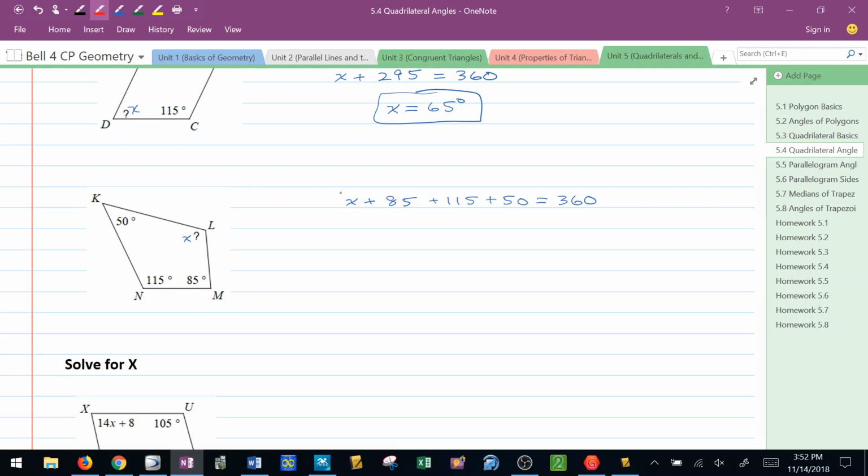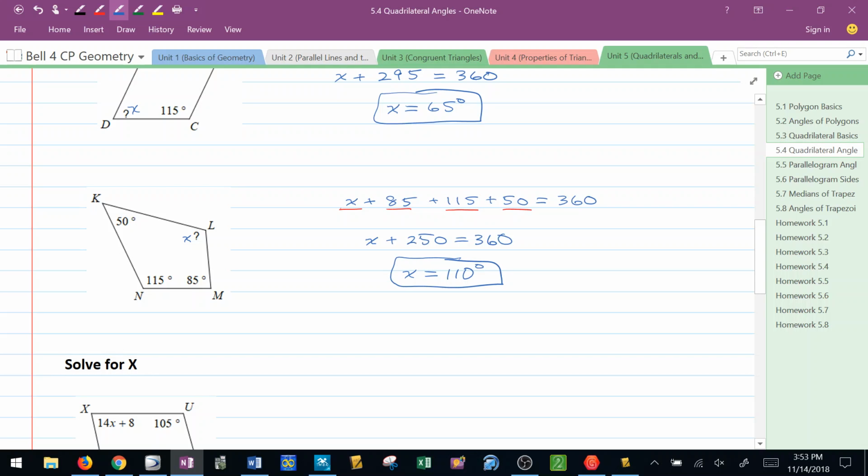Once again, the four angles of a quadrilateral have to add up to 360. So this gives me x plus 250 equals 360. Combine like terms. Subtract 250 now, and we get x is equal to 110 degrees.